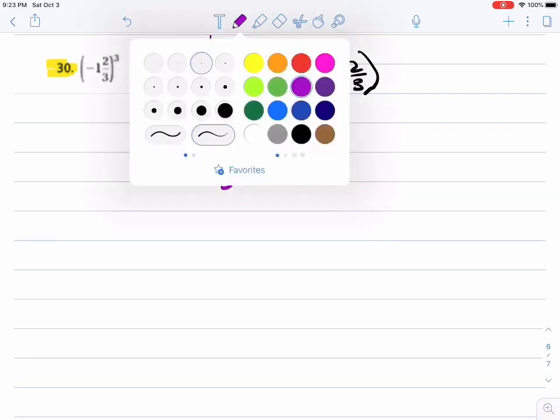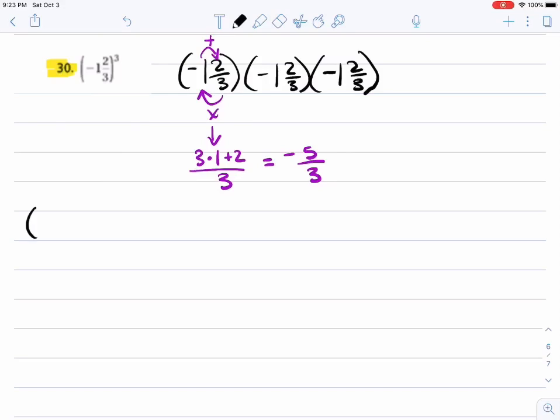So if we update this problem, it's going to be -5/3 times -5/3 times -5/3. So we're doing that 3 times.